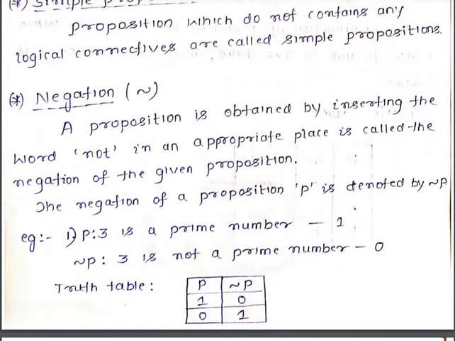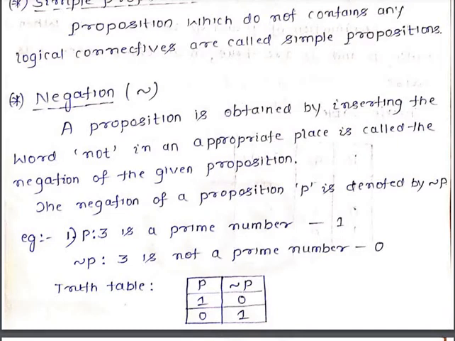Let us see the example. As we are aware, propositions are represented with small letters, here we are representing with the small letter P. P is: 3 is a prime number. So what will be the negation of P? It is nothing but 3 is not a prime number.